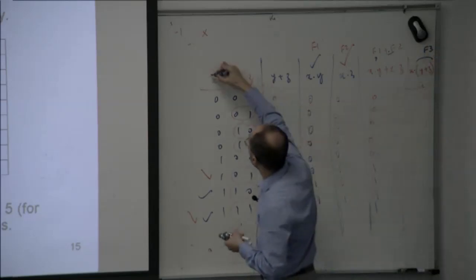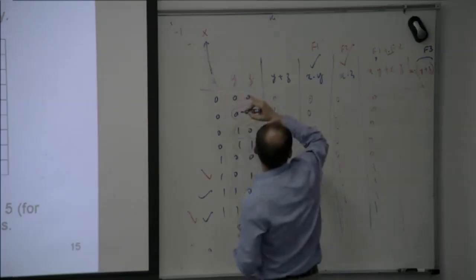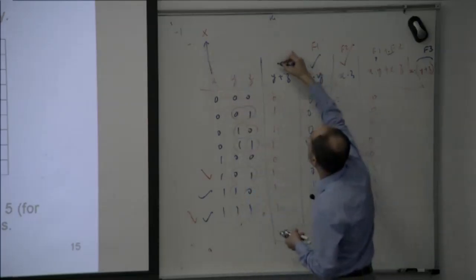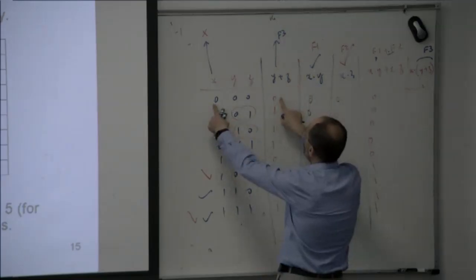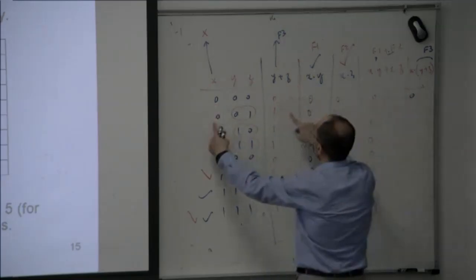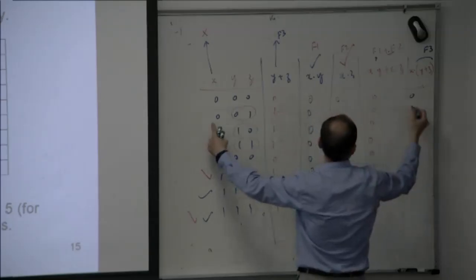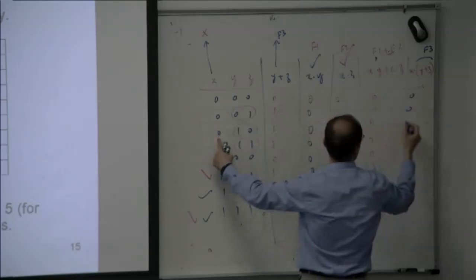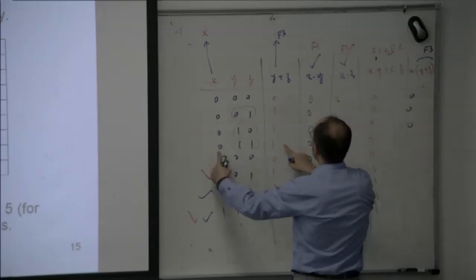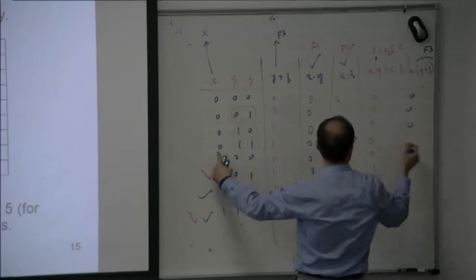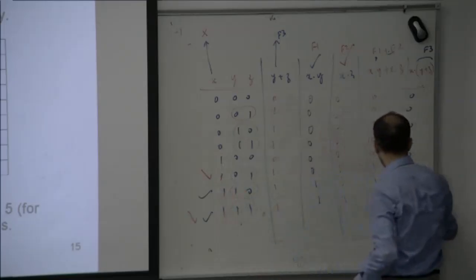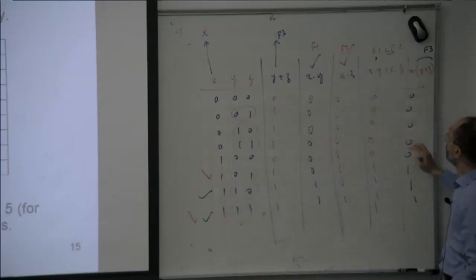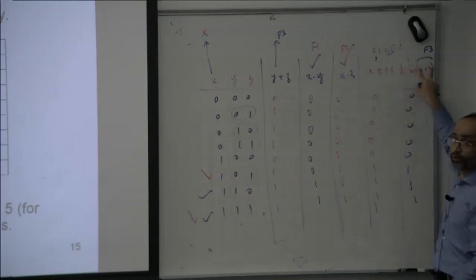So now we want to multiply x with f3. So x with f3 gives 0 0 0 0 0 1 1 1. Now we have proved that this is equal to this.